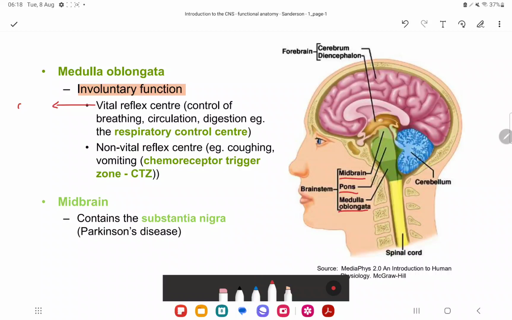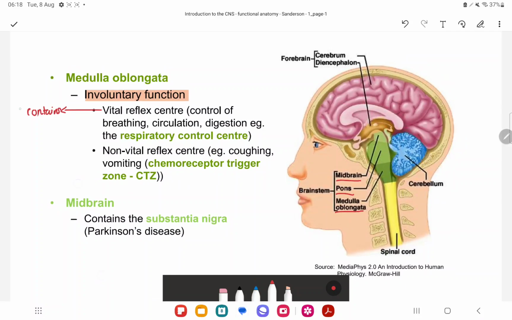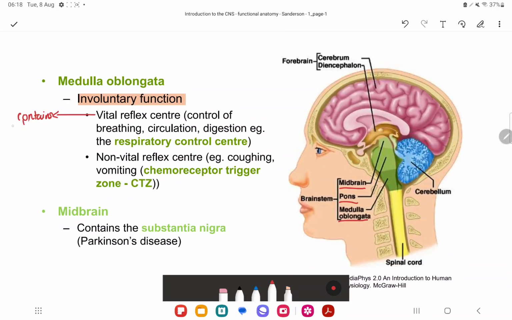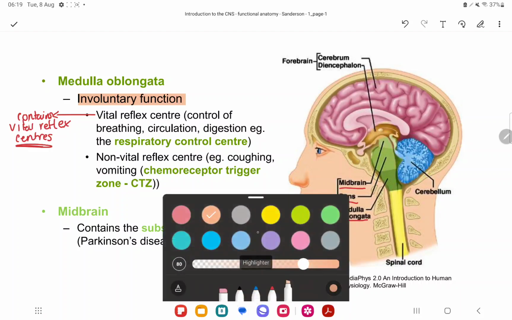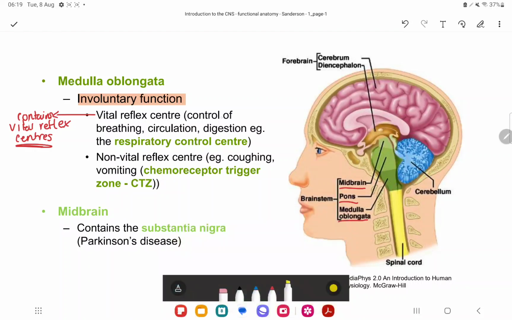An example of these vital reflex centers would be the control of breathing, circulation, and digestion.